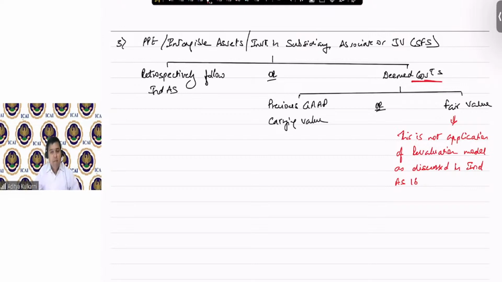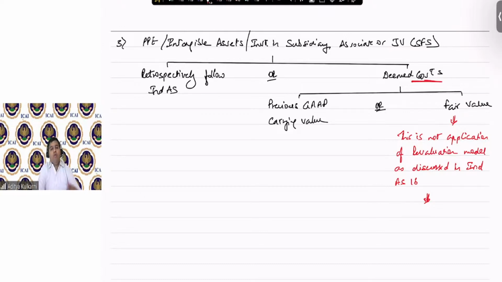This is only a starting point of Ind AS. It means you take this fair value as a deemed cost and continue the fair value in the future. It means you are following the cost model under Ind AS 16. Don't get confused. This is not a revaluation model. This is a starting point. यहां से मेरा Ind AS start होगा. From this point, my Ind AS will start.